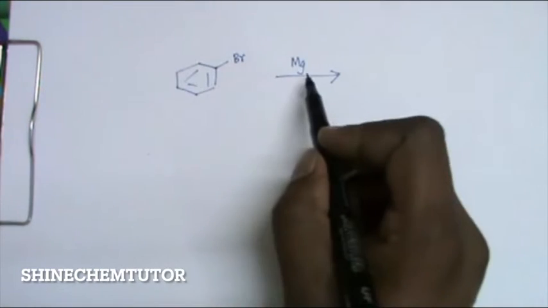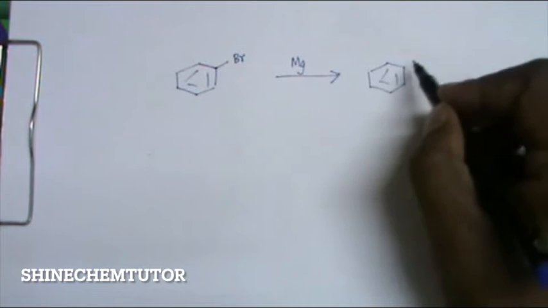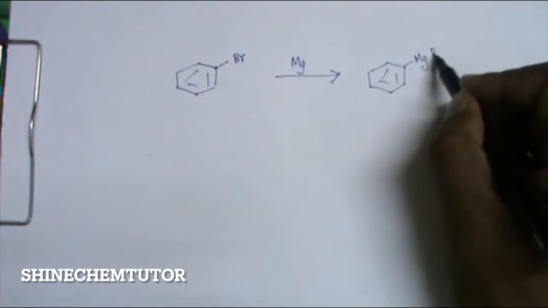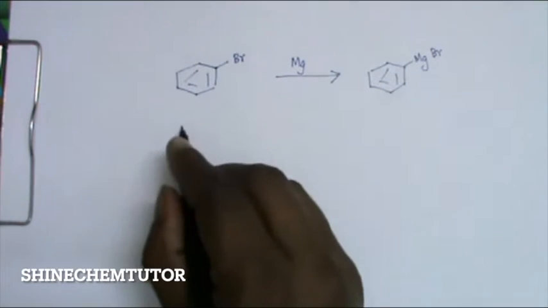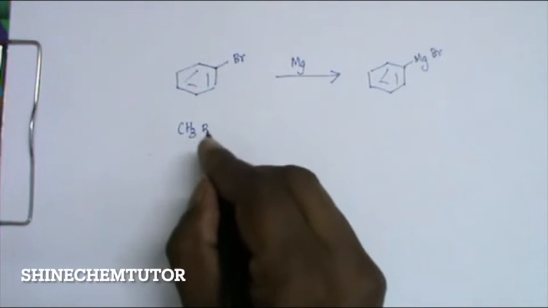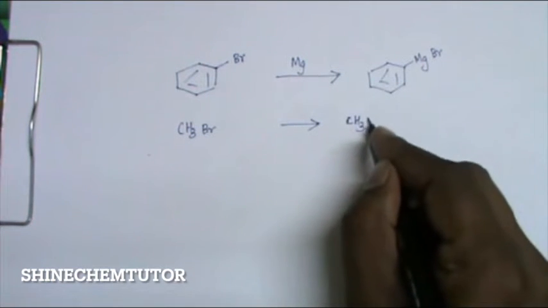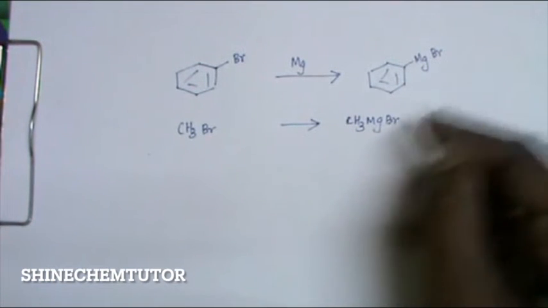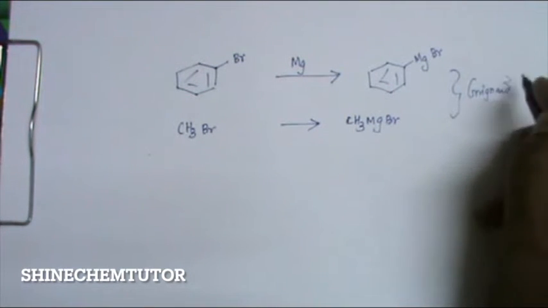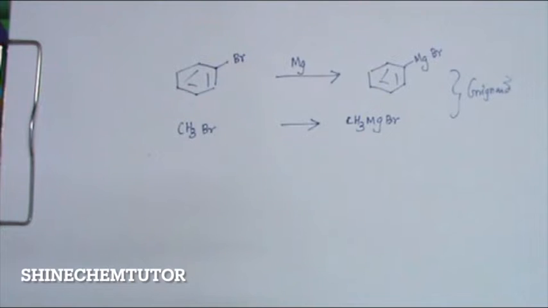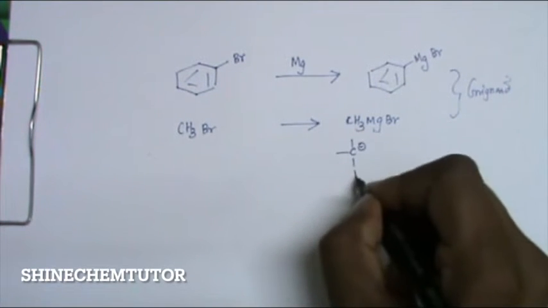To bromobenzene, I add magnesium. You may know we get Grignard reagent. Similarly, you can go for methyl bromide also. We get methyl magnesium bromide. They are referred as Grignard reagent. In Grignard reagent, the carbon carries minus charge.